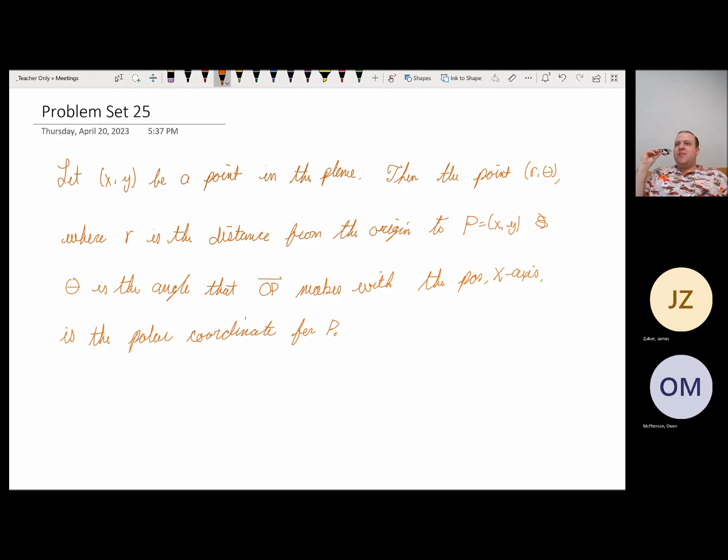Polar representation is not unique. If (r, theta) is a representation, so is (r, theta plus 2 pi). Theta plus 2 pi is essentially the same angle. So is theta minus 2 pi.